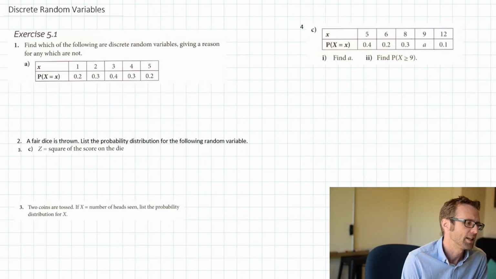We have to find which of the following are not discrete random variables, giving a reason for any which are not. Well, I'm only going to do the first one. So let's have a look at it here. We have our random variable, big X, and it can take these 5 discrete values.